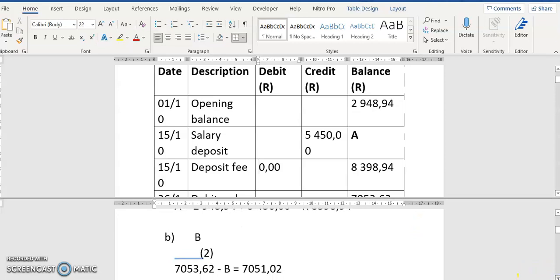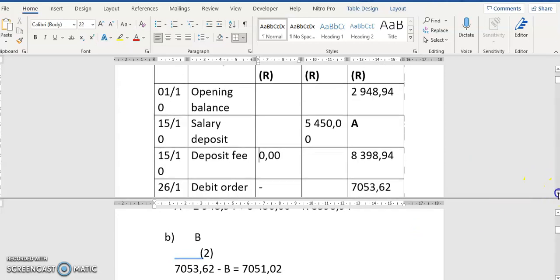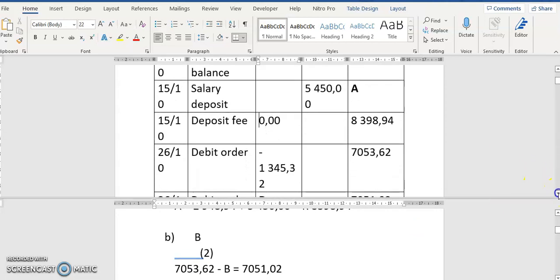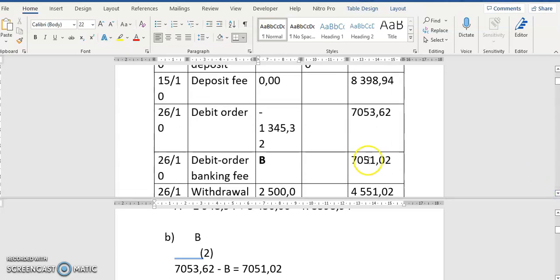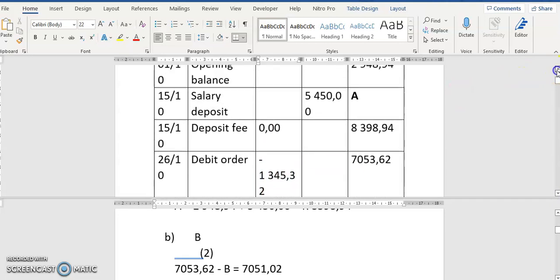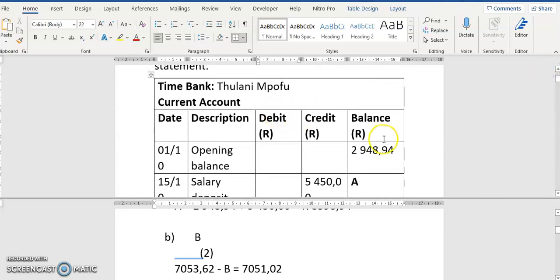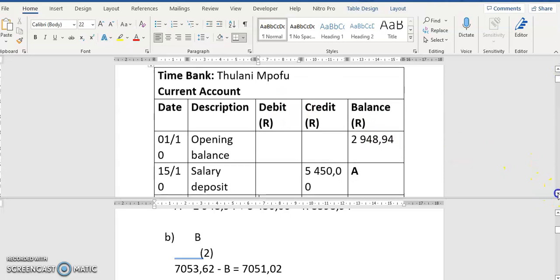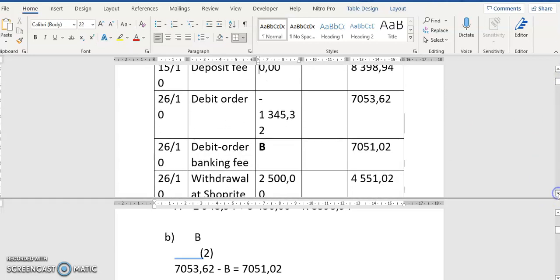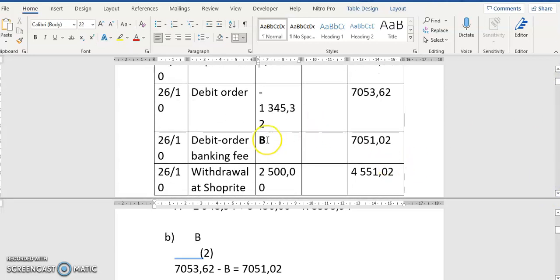Then the next one, B. How are you going to calculate B? Let's see. Where is B? B is here. B is under where? Credit or debit? B is under debit, so it means B is a negative. B must have a negative sign.